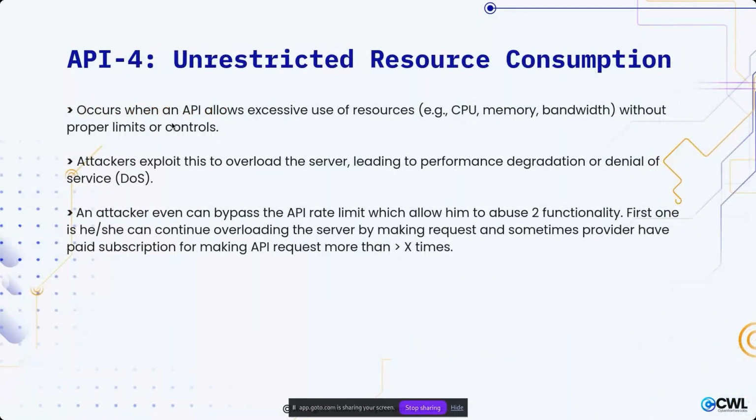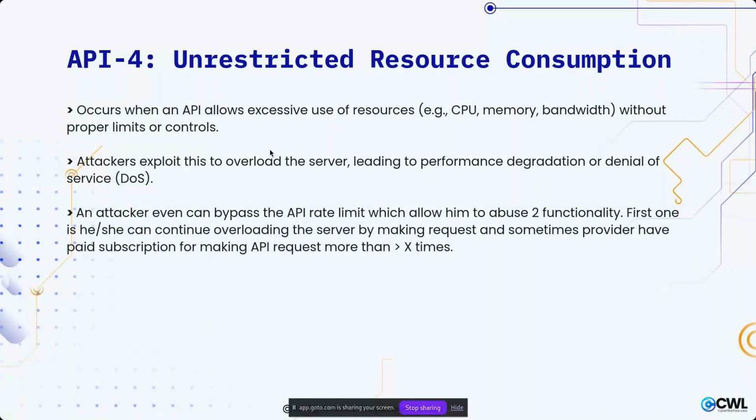Then we have unrestricted resource consumption. Unrestricted resource consumption is mostly DoS vulnerabilities, or application level DoS vulnerability, like uploading files which crash the server or overwhelm the server and make it unresponsive. By definition, it occurs when an API allows excessive use of resources like CPU, memory, and bandwidth without proper limit controls.